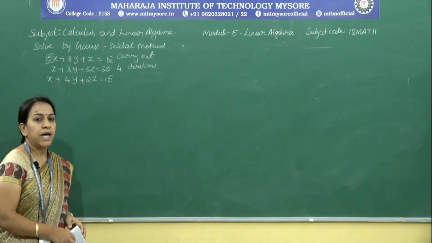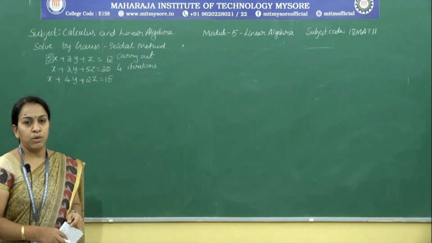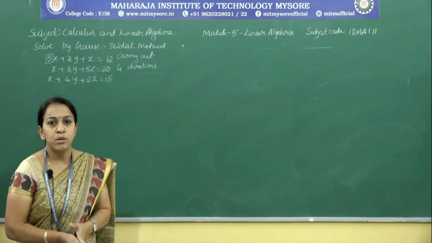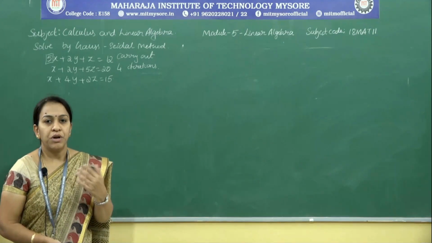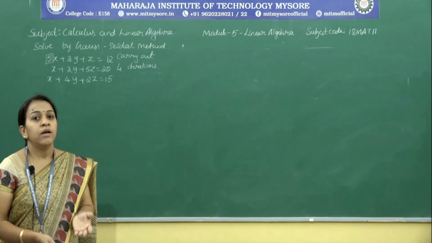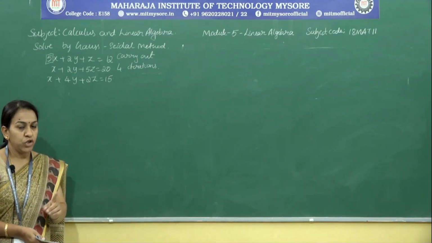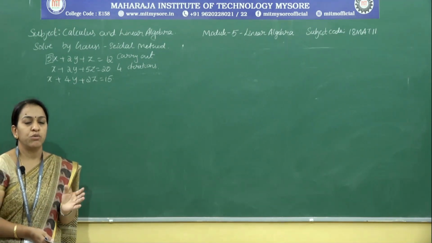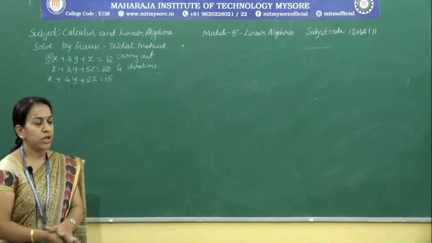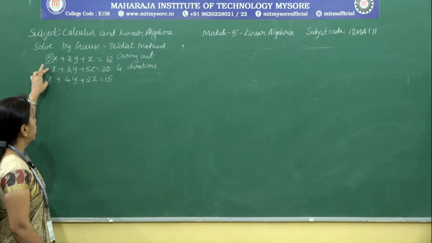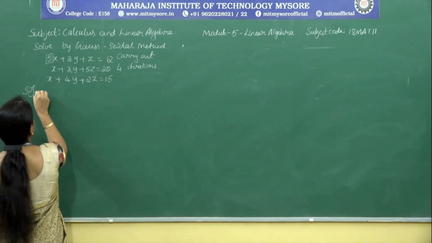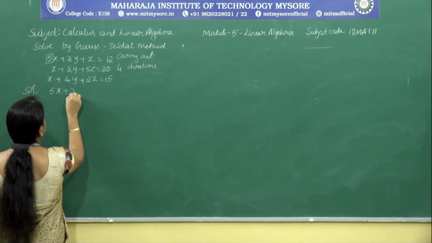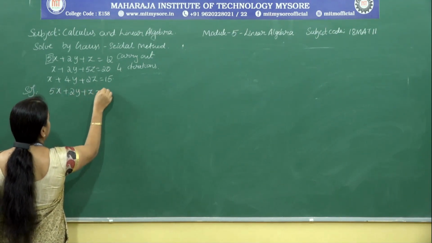If this is the case, then we can interchange the equations. If they give them to you in this order, don't solve keeping them as they are, right? So we should rearrange the equations so that in the first equation the x coefficient is more, that means it should be a diagonally dominant system. So I am going to interchange the second and third equations. I will rewrite the equations like this: 5x plus 2y plus z equal to 12.